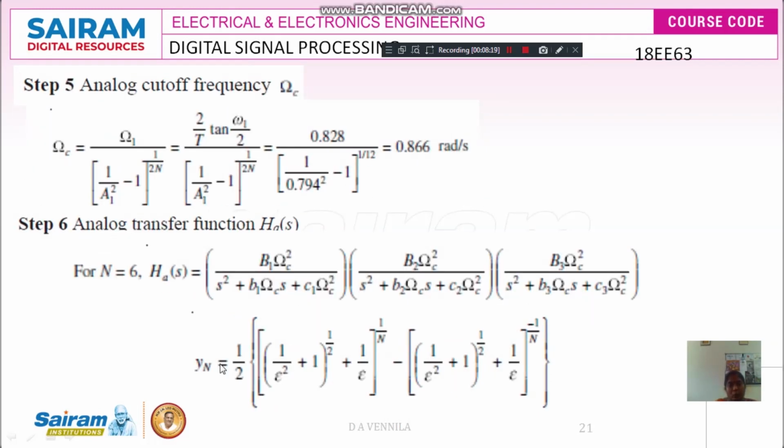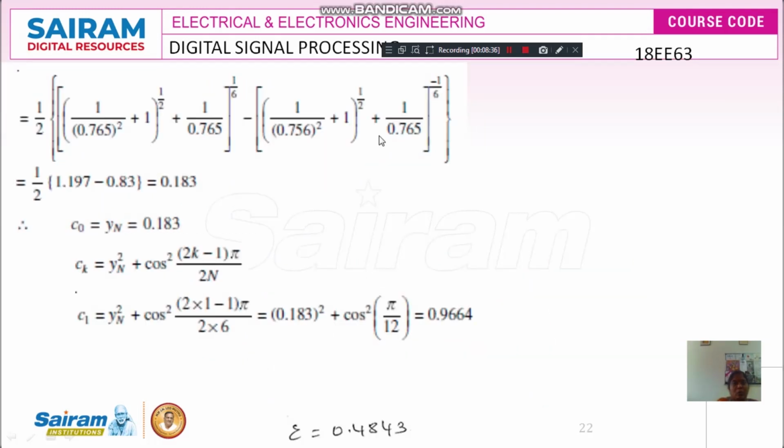Using that value you are going to find yn, that is 1 by 2 times the bracket of square root of 1 by epsilon square plus 1 plus 1 by epsilon, to the power 1 by 6, minus the bracket of square root of 1 by epsilon square plus 1 minus 1 by epsilon, to the power 1 by n. Using this formula we have calculated this yn value as 0.13183. This yn is equal to C naught.